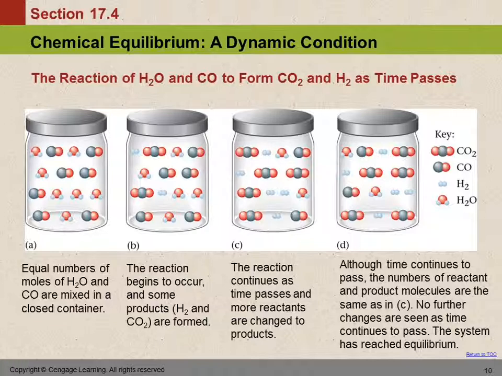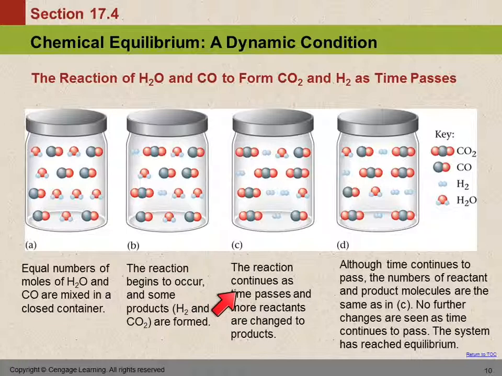What is this slide? Well, let's read the captions. Equal numbers of moles of water and carbon monoxide are mixed in a closed container. Okay, so this is the carbon monoxide and this is the water. And then a reaction begins to occur, forming hydrogen gas and carbon dioxide gas.